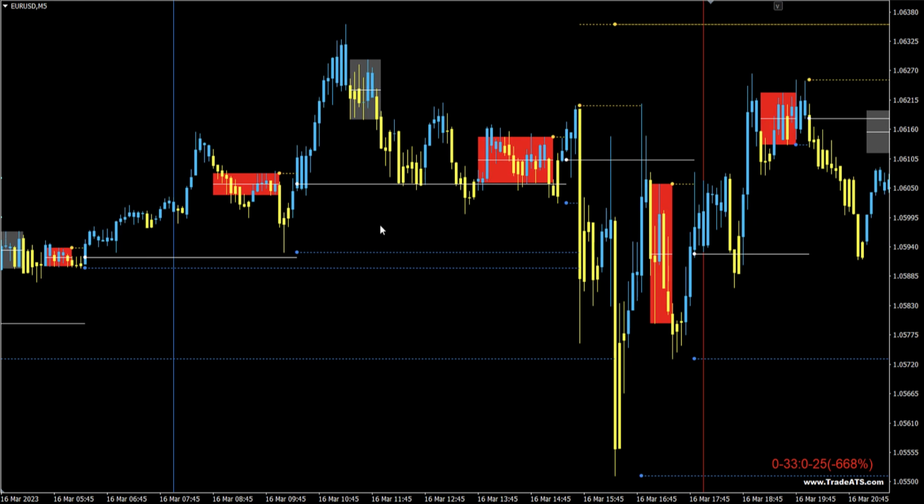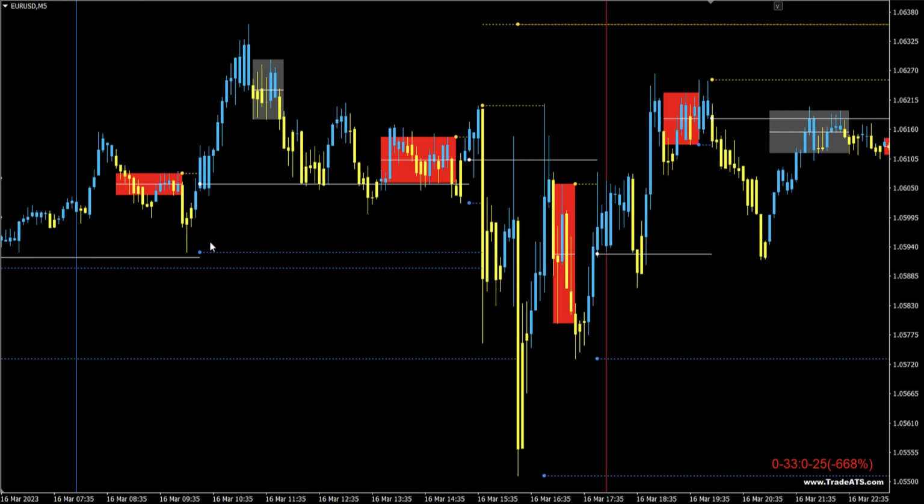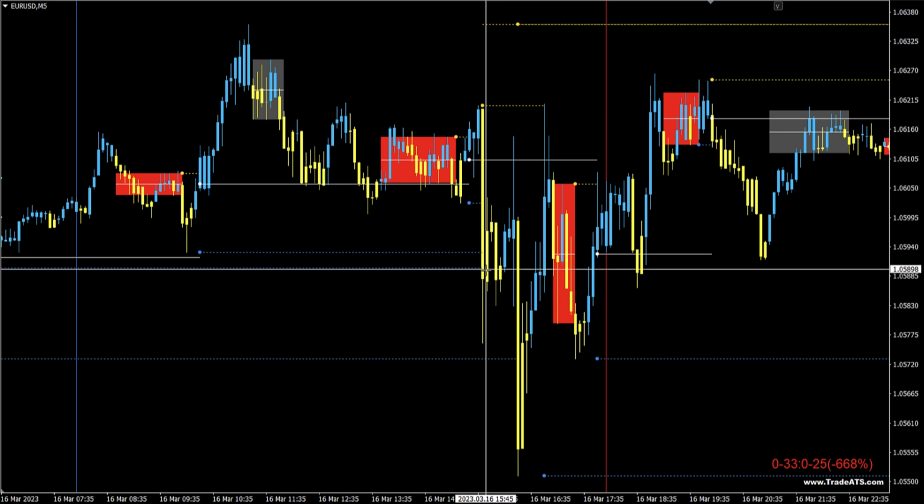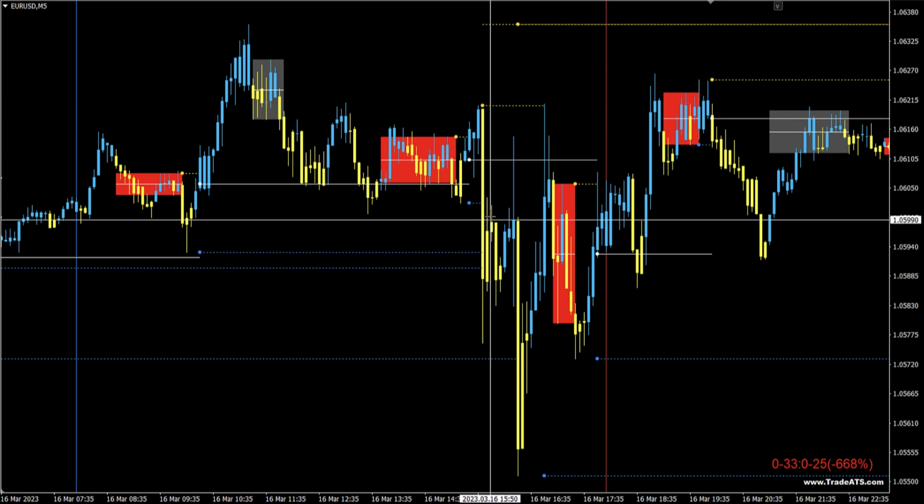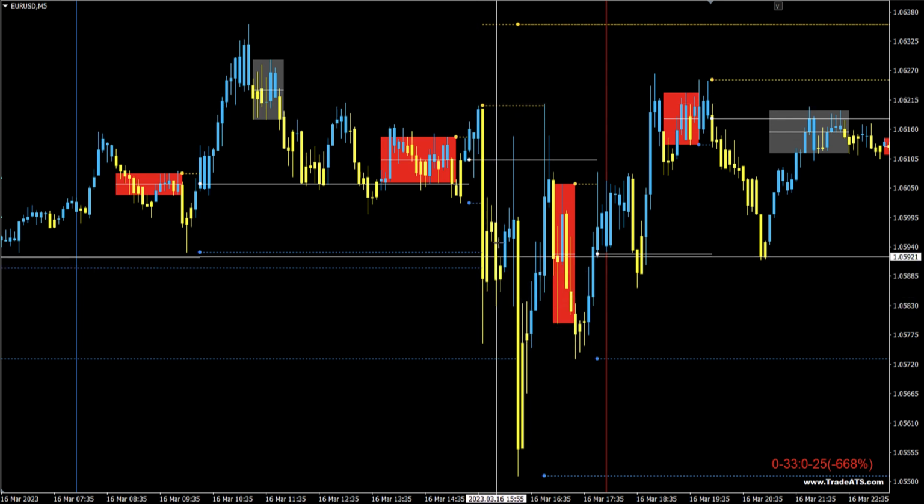So as you can see here, in this day, we did not have any valid trades. Now, of course, this is the first time it closed below the liquidity line from a previous session, but it was such a big candle, I would not be interested to trade such a big candle.